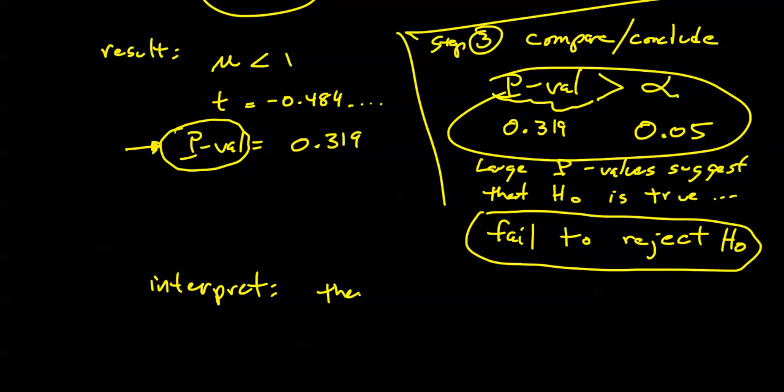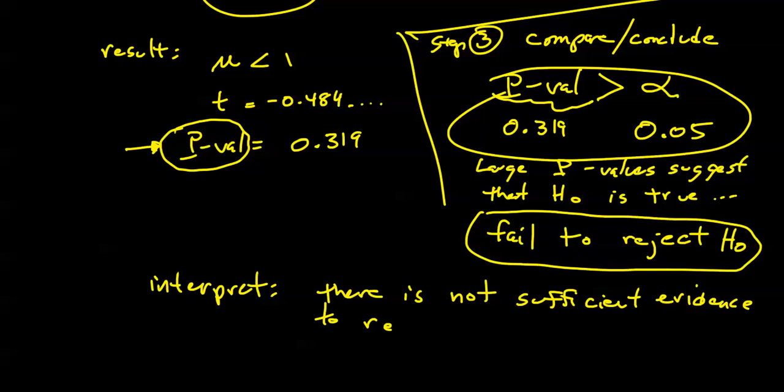I claim it like this: there is not sufficient evidence to reject the assumption that the population mean for all these cell phone radiation measurements equals 1.